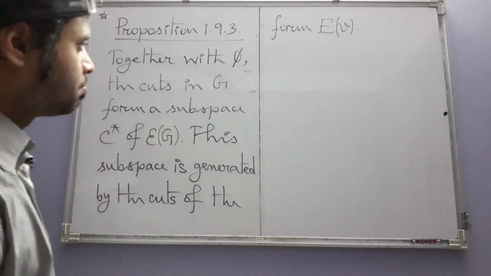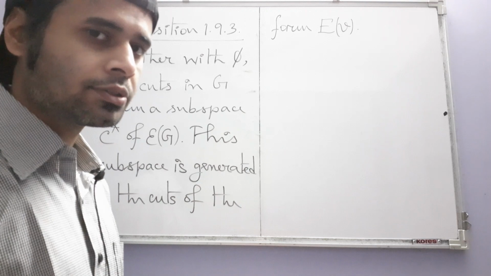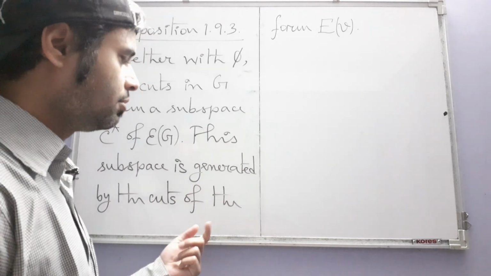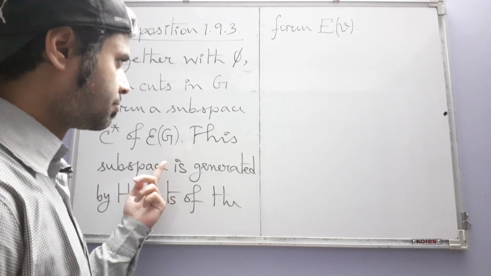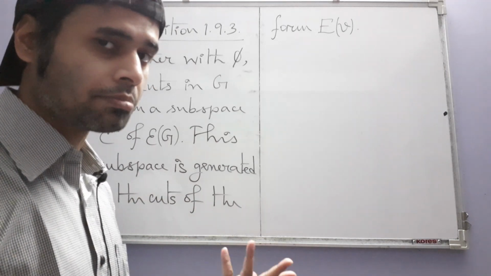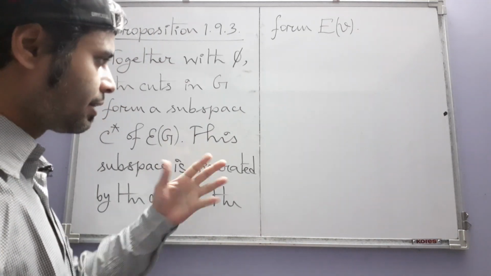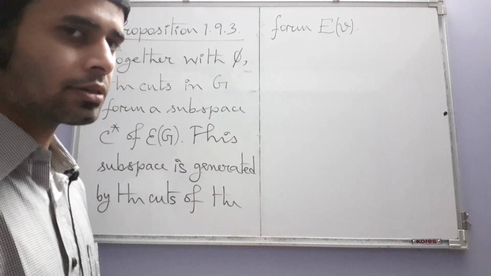Now, in order to prove that this set is a subspace, what do we have to do? We have to show that it is closed under the formation of sum of two vectors in the edge space, and that's just it. But why is that so?